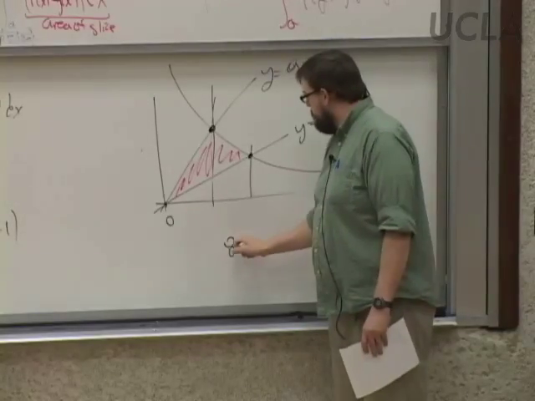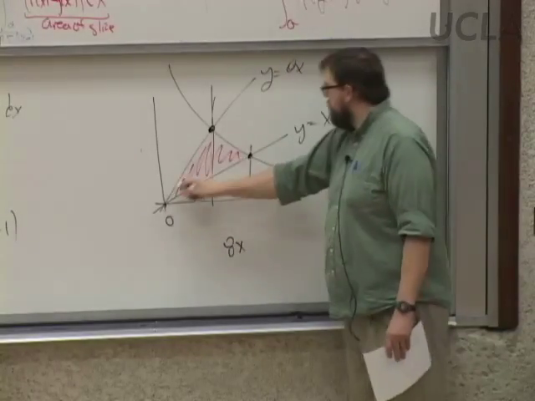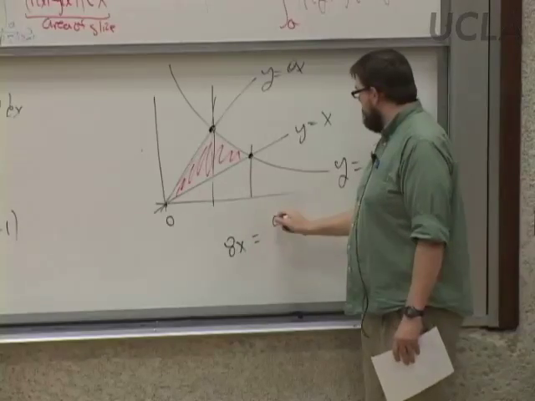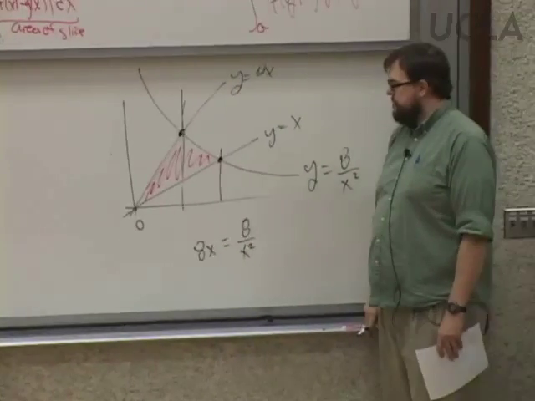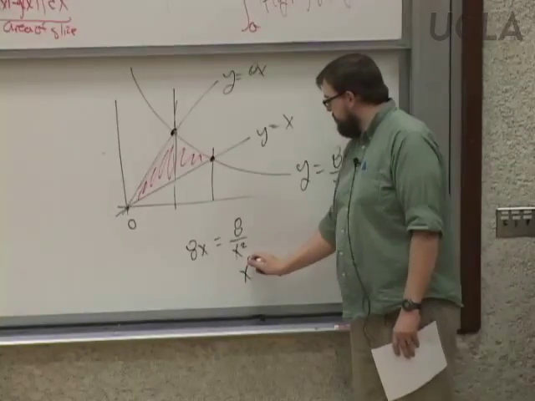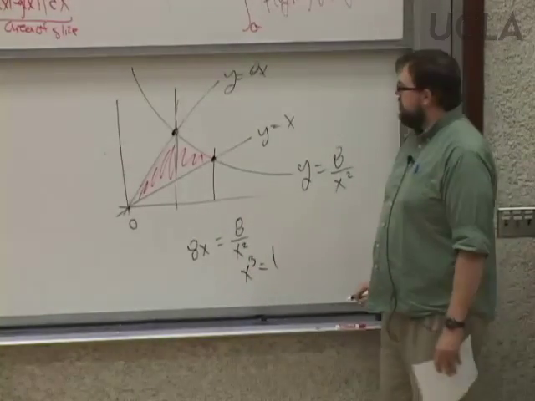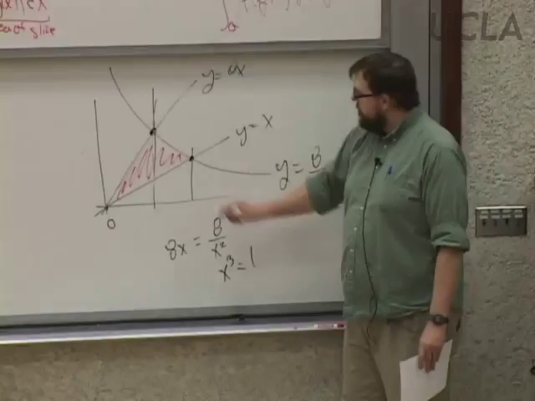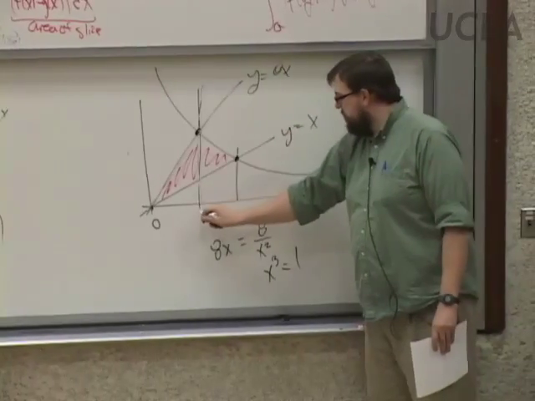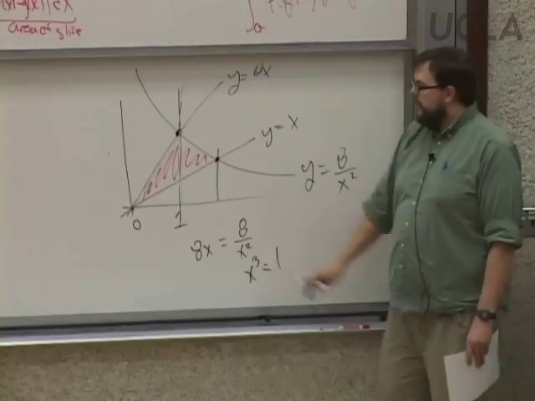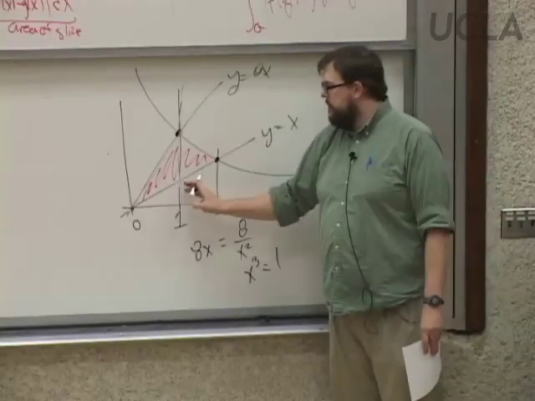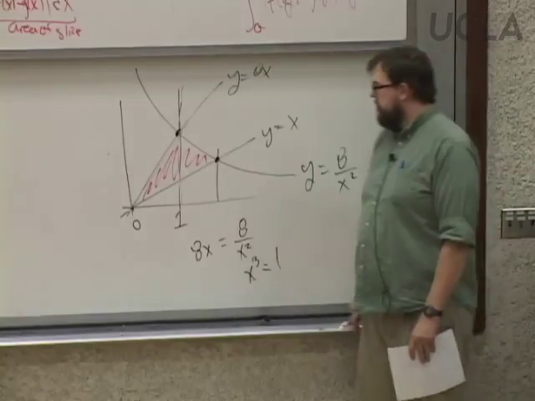So I may ask, well, when does 8x, which is this line, equal 8 over x squared? Well, you can rearrange that. That's the same as saying x cubed equals 1. Now I can do that one. X cubed equals 1 says that x is 1. So now my first integral will be from 0 to 1 of 8x minus x.